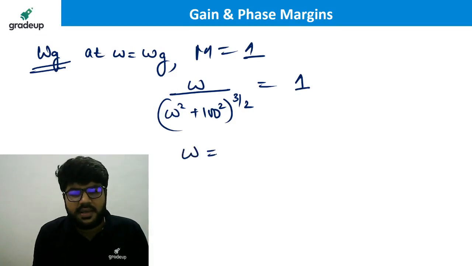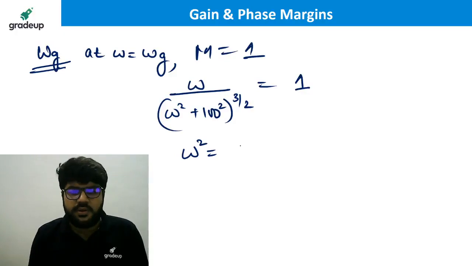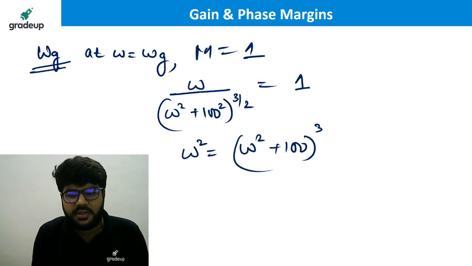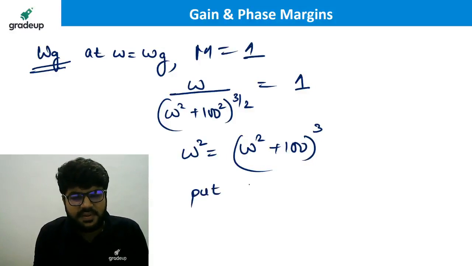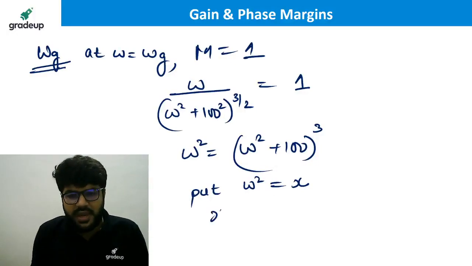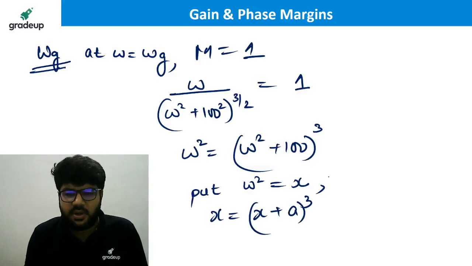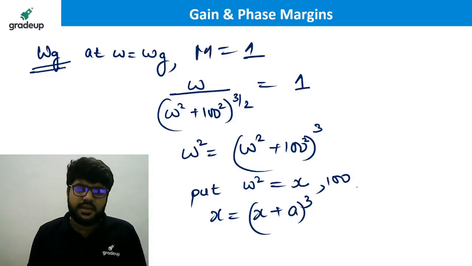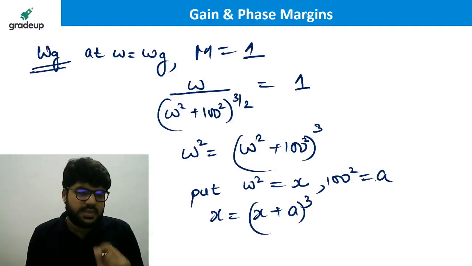So ω is equal to, let me take the square only, ω square equals (ω square plus 100 square) raised to the power 3. To simplify the calculation, put ω square equal to x. It is not only 100, put 100 square equal to some constant a.